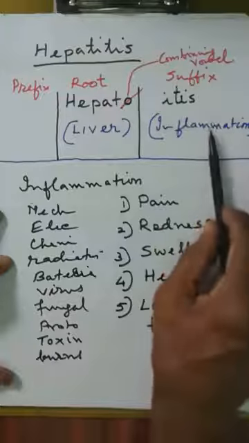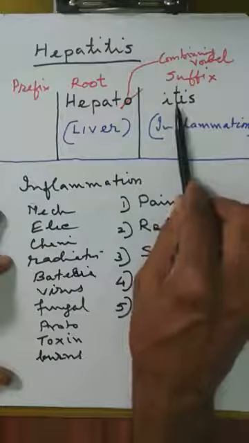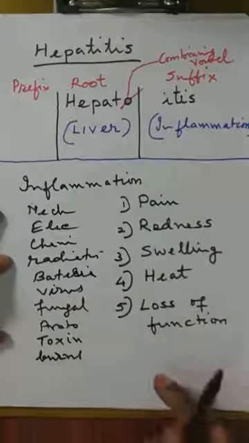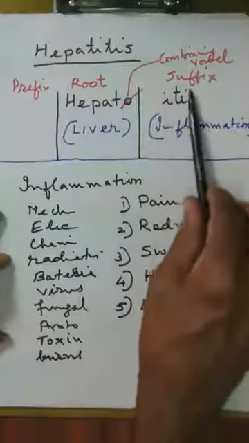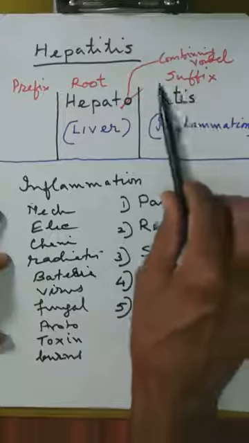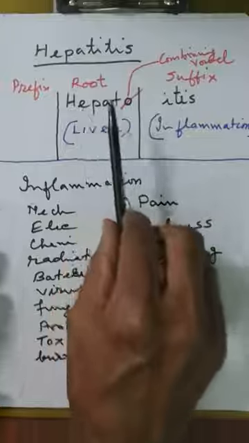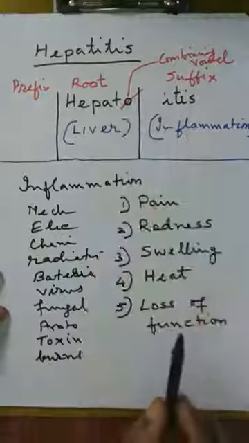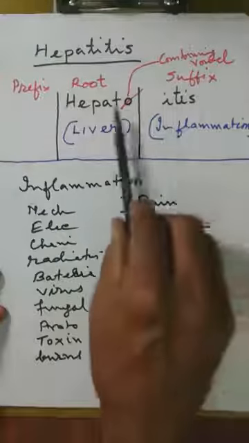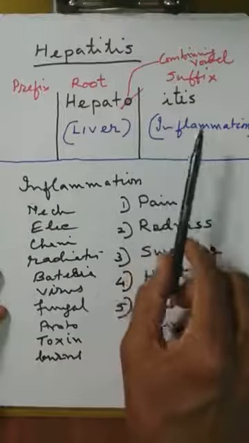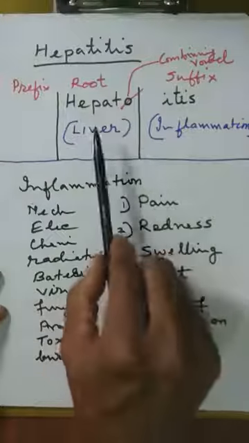Wherever the inflammation happens, they say an itis has happened. And this itis is used as a suffix when it joins with a particular root word. The meaning will be full. So here, inflammation of the liver.